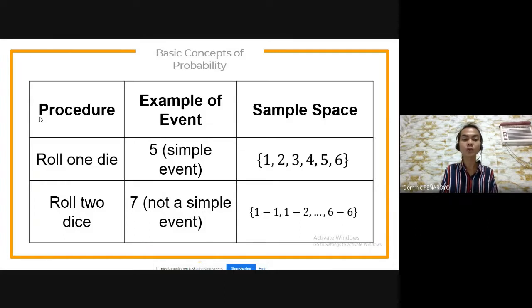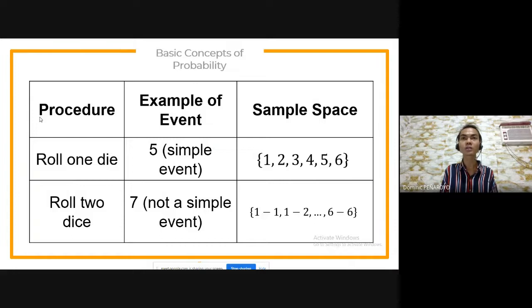Next is rolling 2 dice. So 7 is not a simple event. Why is that? It is because it can be broken into simpler events. By the way, the cardinality of the sample space in rolling 2 dice is 36. Why is it 36? Because you can have 1 1, 1 2, 1 3, and so on.